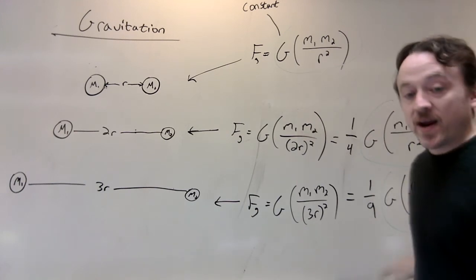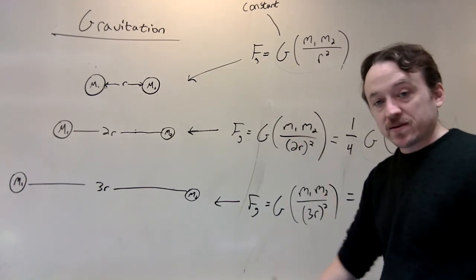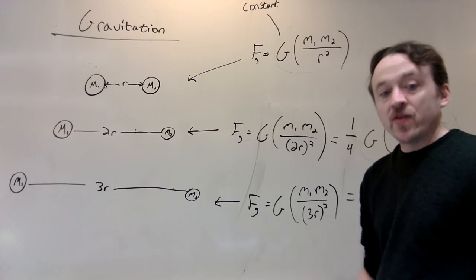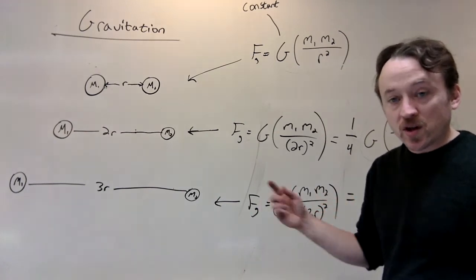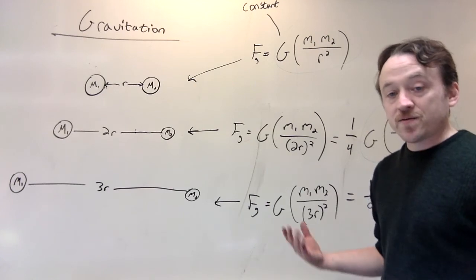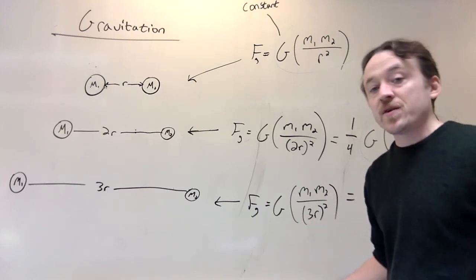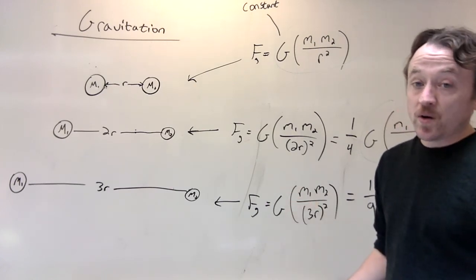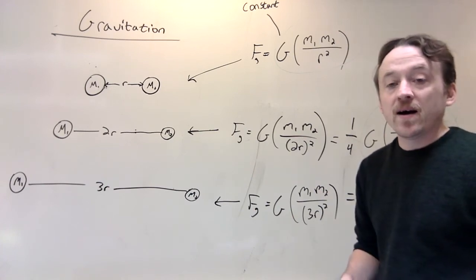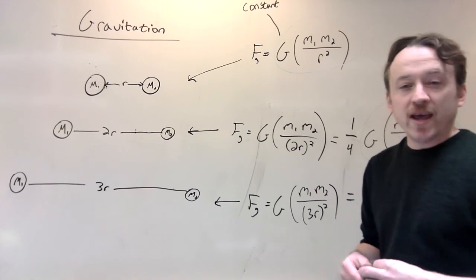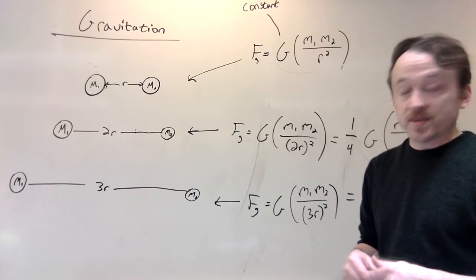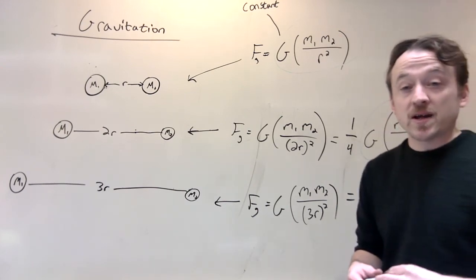So the further you get away, it drops rapidly. So it drops exponentially, as we'd say, the further you get away from an object. So when we were talking about Kepler's laws, when it was closer, it was moving faster because the force of gravity was stronger. But when it got further away, especially in elliptical orbits, it really slows down when you get really far out. Unfortunately, we didn't have the example of Halley's Comet, which was really nice because it speeds up and slows down drastically.